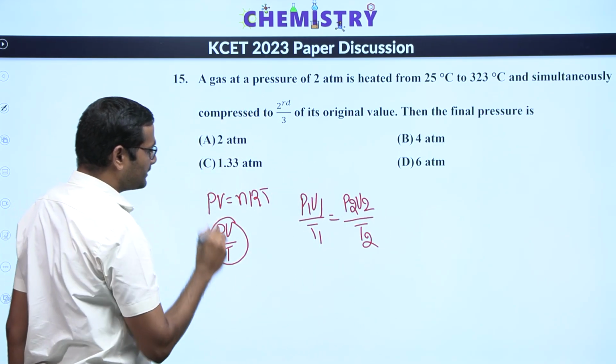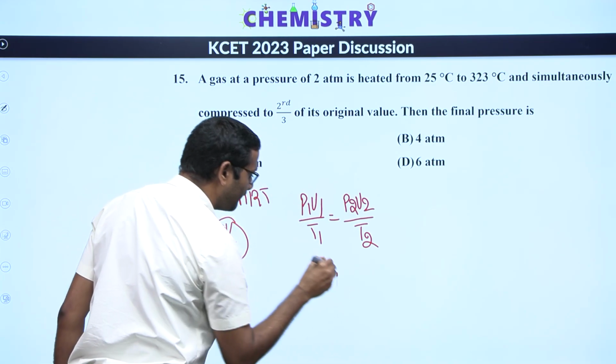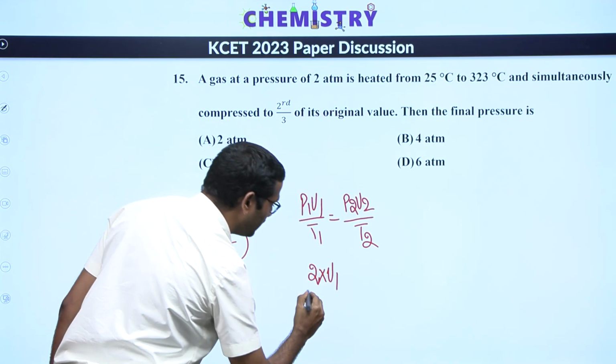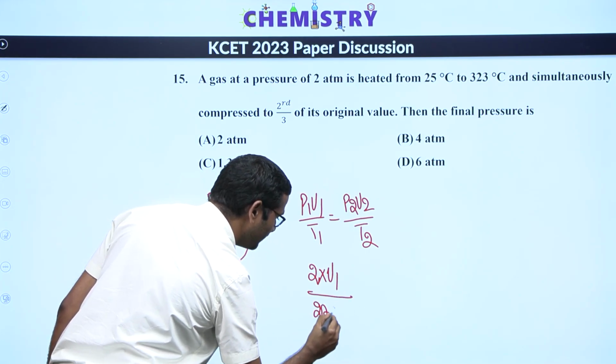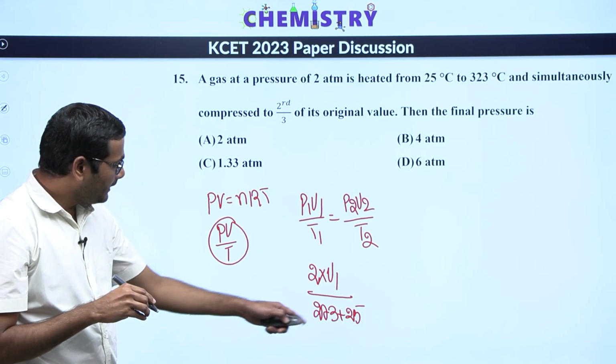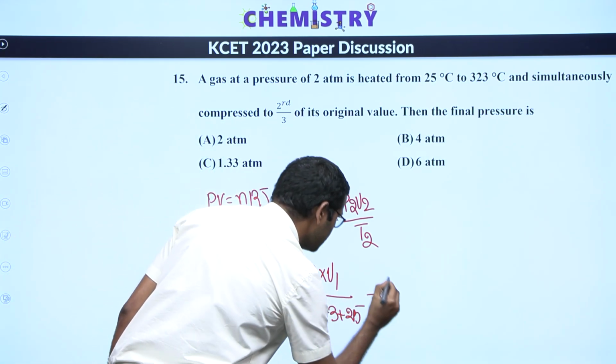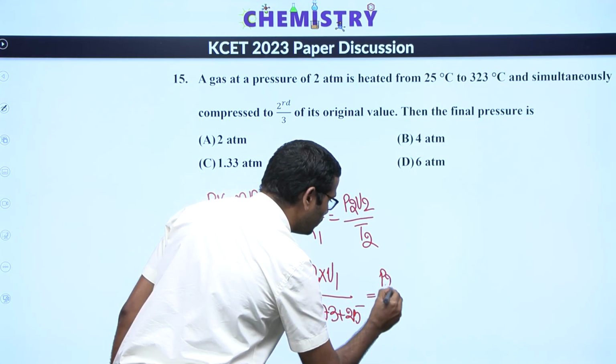Now look, pressure is 2 atmosphere, beta, the initial pressure. Initial volume I am taking as V1. Temperature is 25, here 25 means 273 plus 25. I am converting degree Celsius to the Kelvin scale. Next is P2, that we have to find out.